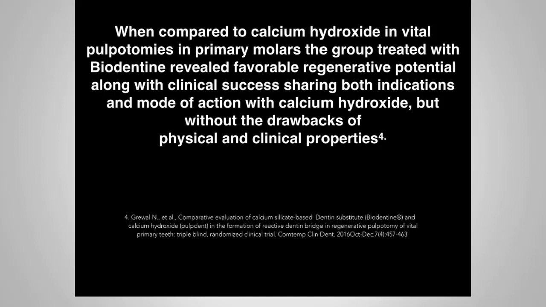So when compared to calcium hydroxide in vital pulpotomies in primary molars, Biodentine gave us good regenerative potential with high clinical success, and it's using basically calcium hydroxide, but in a better form. That's really it. If you were mixing up a big thing of calcium hydroxide, you couldn't put it in the tooth.